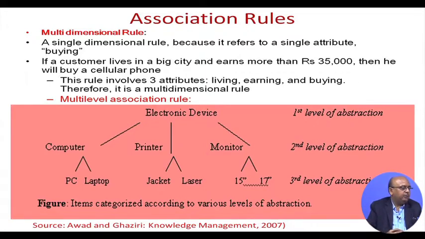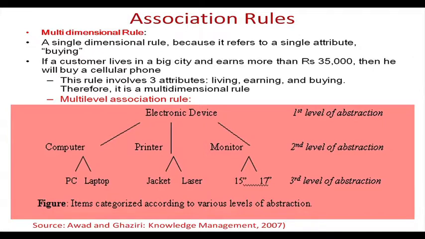Now, look at this example. You are looking for electronic devices, that is the first level of abstraction. Then second level of abstraction, electronic devices could be PC, printers and monitors, right. Now, in computers there are two options that you can have. Then you move to another level of abstraction, that whether you are going to buy a personal computer or a laptop.